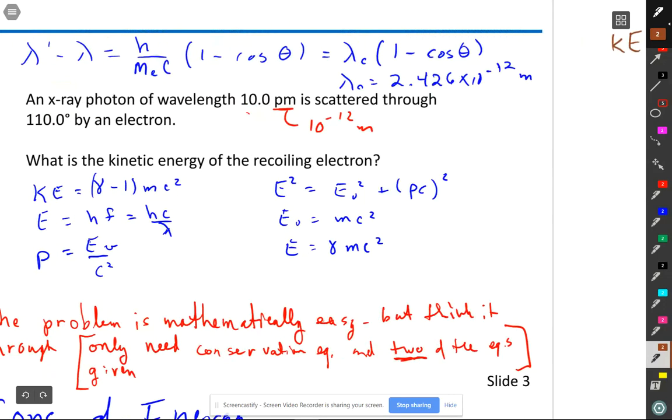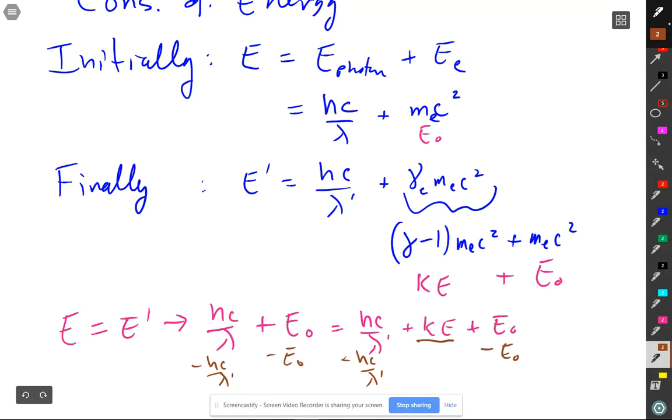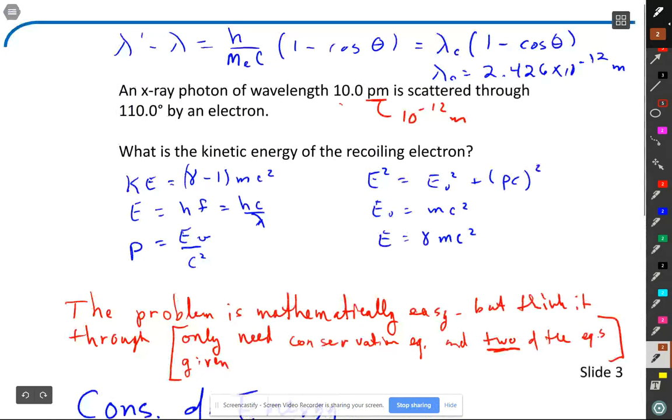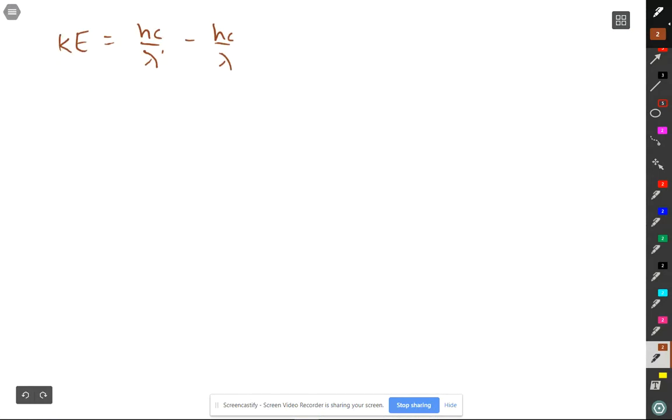And I'm going to go back so you can verify that. I have hc over, okay, so hc over lambda minus hc over lambda prime is what I got there. Somehow I believe that's going to be a negative. I'm not sure why. So now we have our equation to work with.